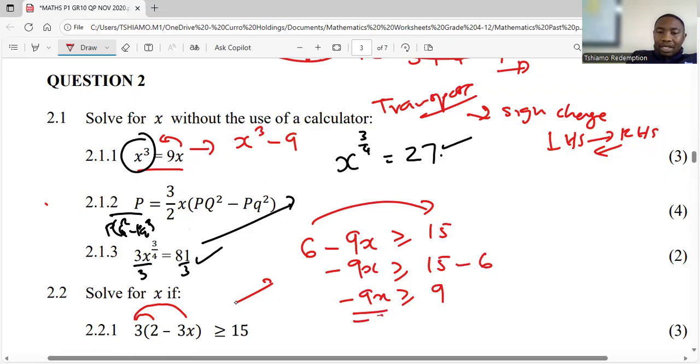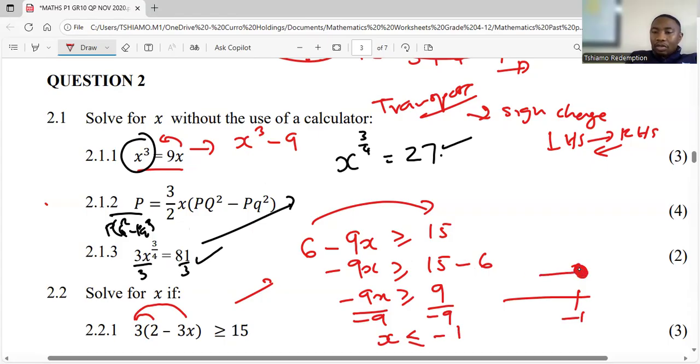Then divide both sides by negative 9. Now remember, the inequality is going to change direction, because we are dividing by a negative. So my answer will be x less than or equal to negative 1, which I can represent on a number line like this, with the point included because of the equal to.